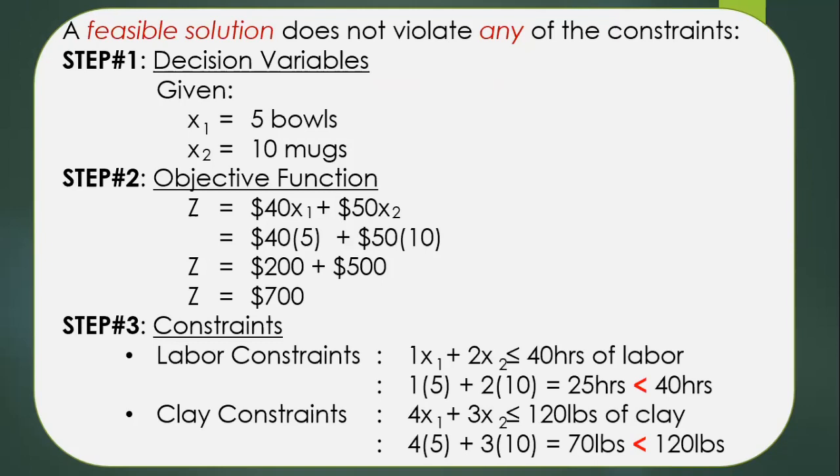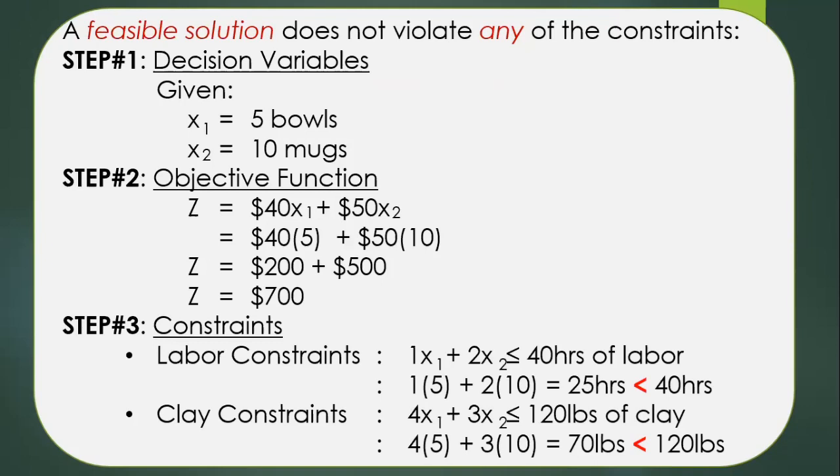So all we need to do again is plug in the values into our formula. That would be 4 times 5 plus 3 times 10. 4 times 5 is 20, plus 3 times 10 is 30. So 20 plus 30 would be 50 pounds. So question, is 70 pounds less than or equal to 120 pounds?